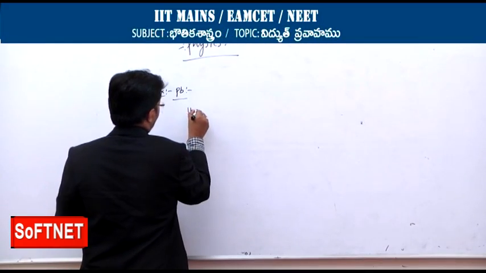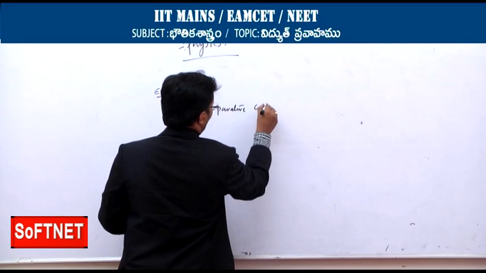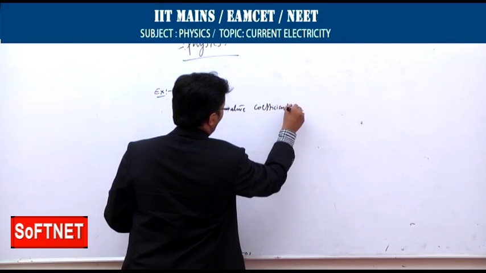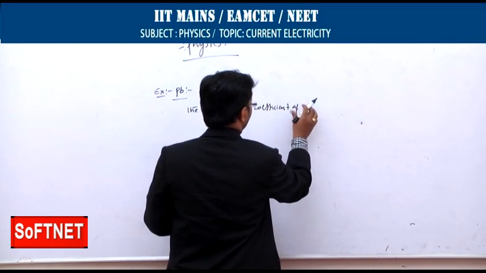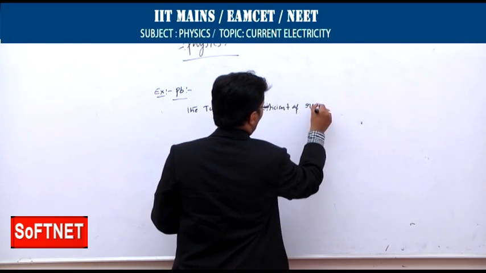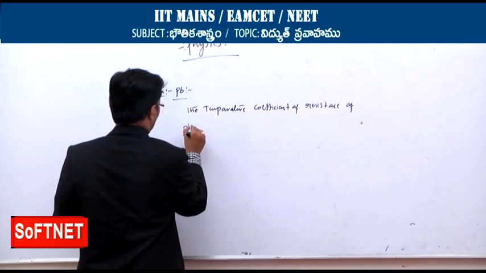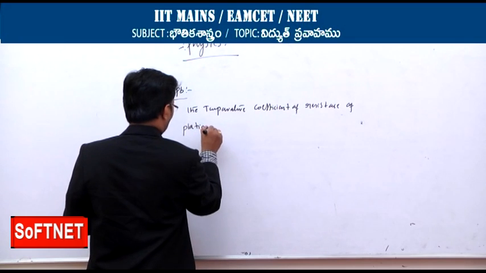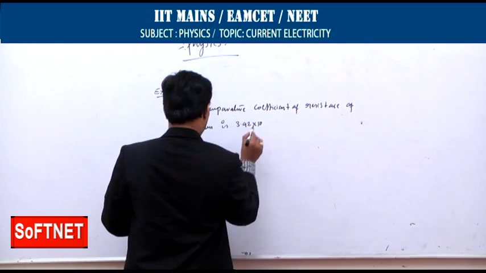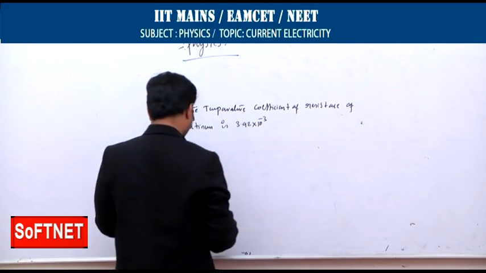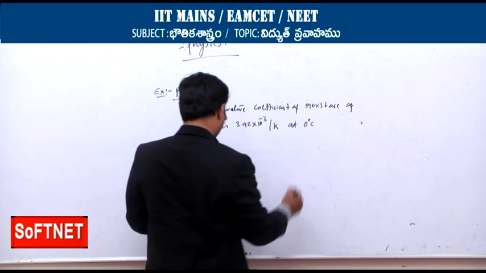The temperature coefficient of resistance of platinum is 3.92 into 10 to the power of minus 3 per Kelvin at 0 degree Celsius.